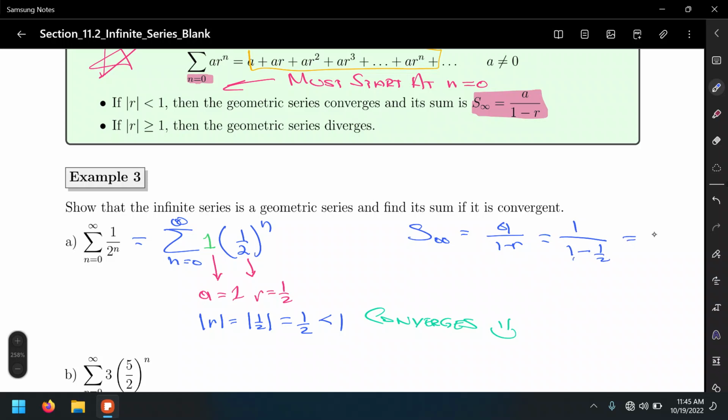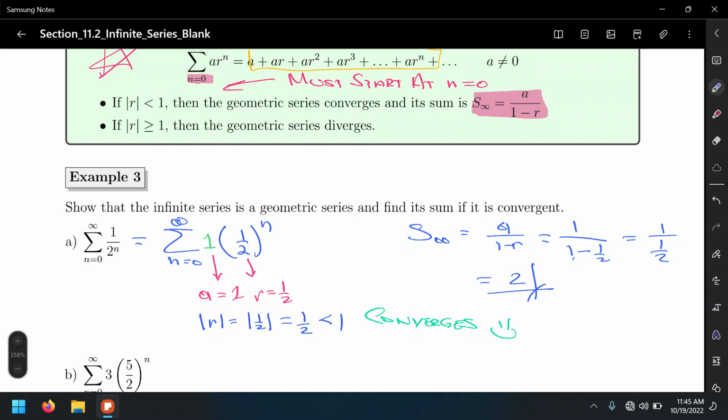Well, what's 1 minus 1/2? Isn't that 1/2? And 1 divided by 1/2, isn't that 2? So that's the infinite sum. If we sit down and add 1 over 2 to the first, plus 1 over 2 to the second, plus 1 over 2 cubed, etc., infinitely many terms, eventually we should get a 2.